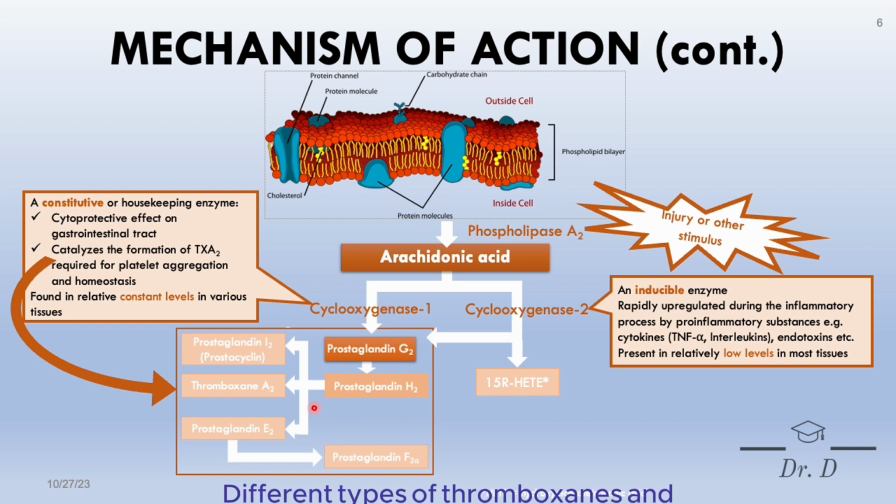Different types of thromboxanes and prostaglandins have different pharmacologic effects and often opposing effects. Prostaglandin I2 inhibits platelets from adhering to each other, while thromboxane A2 stimulates platelet aggregation.